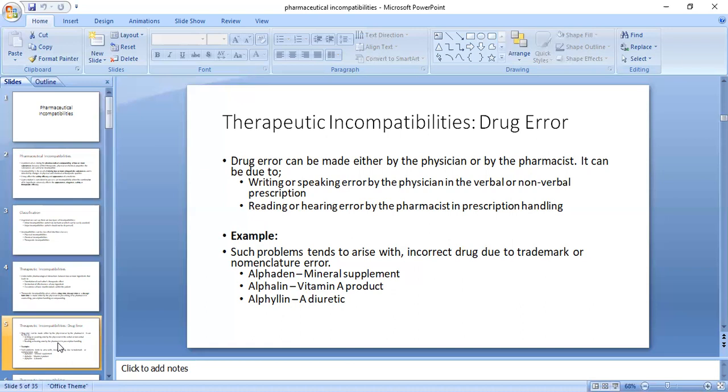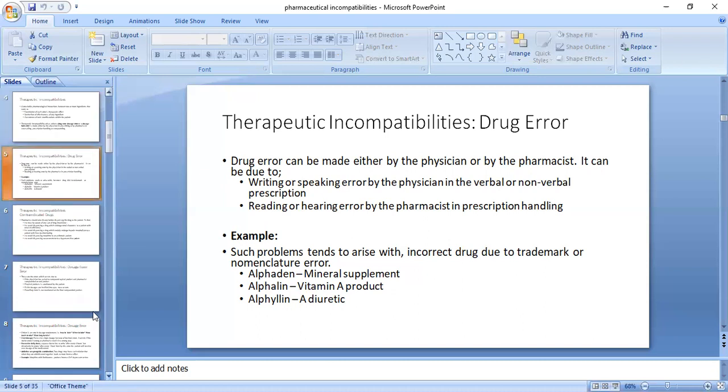There is a big difference in these medicines. So these errors can be made by the physician and the pharmacist. So this is what is meant by incompatibility.